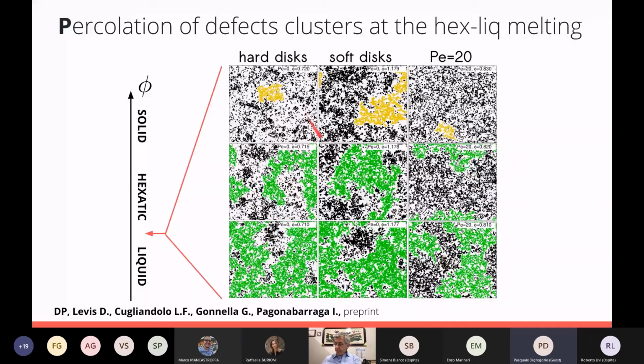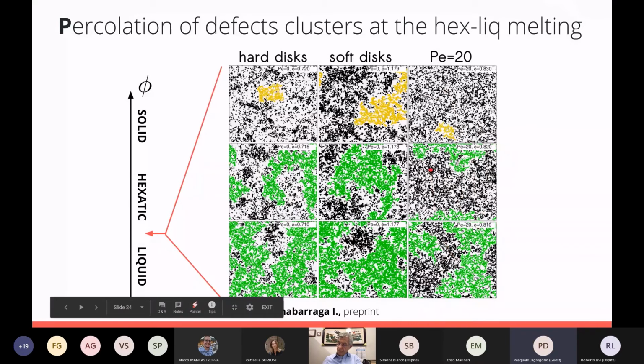Then also in the active case, for all the values of the activity parameter, the Peclet number, that we explored, we always found that in correspondence of the hexatic-liquid phase transition, there is this percolation of defective clusters.